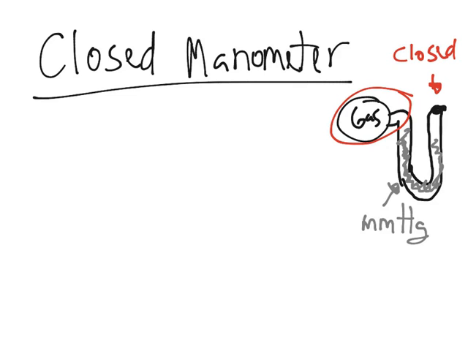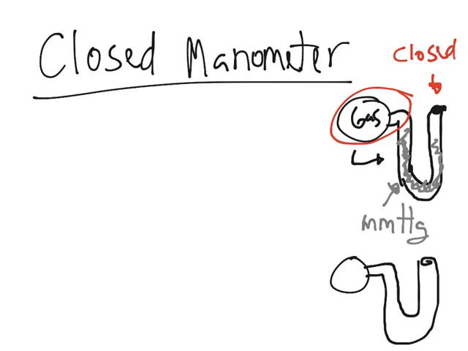So the way you determine the gas pressure is that this gas right here will push the mercury and make it move, and the mercury will go up until like here, let's say. So that will create a difference in height that will be, let's say, 770 millimeters of mercury.